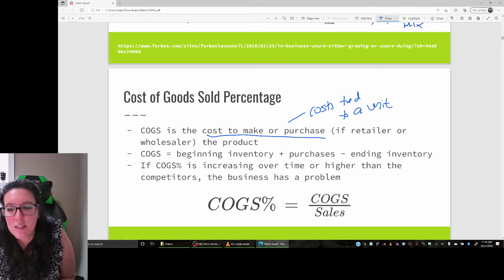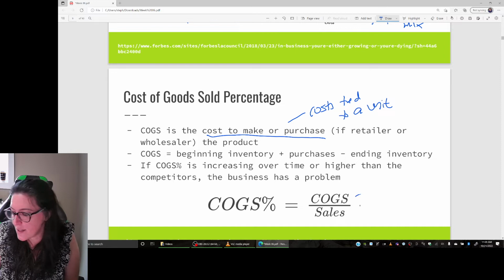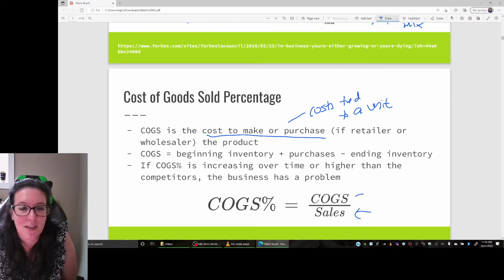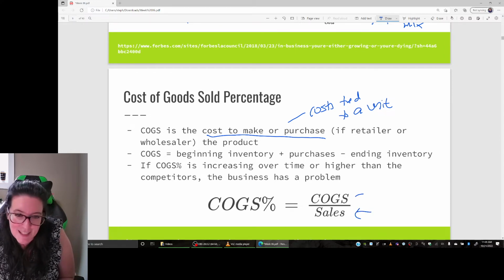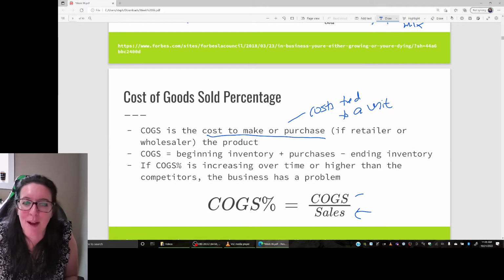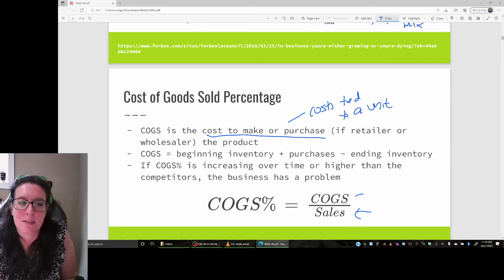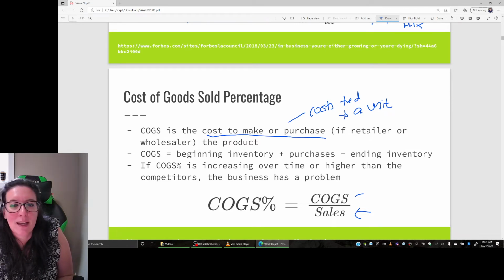When we look at cost of goods sold, our costs over our sales gives us cost of goods sold percentage. And what this tells us is what percentage of the money we're bringing in is going to the expenses tied directly to our production of that particular unit we're selling. And so we're looking at what is happening to that cost as a percentage of sales over time.